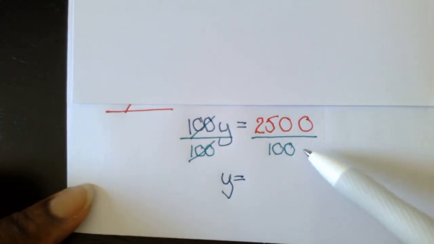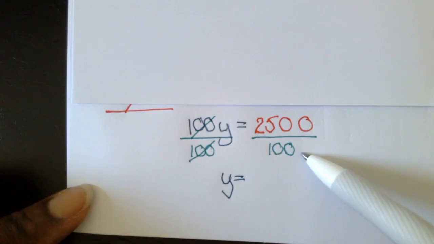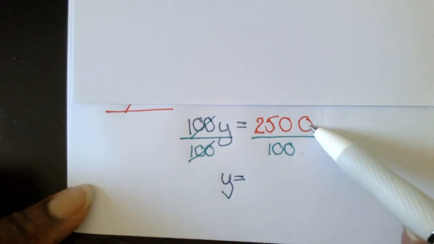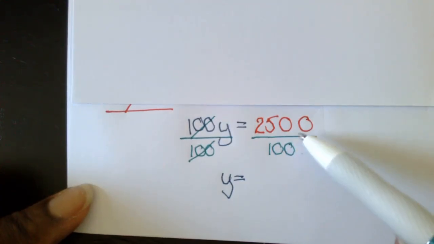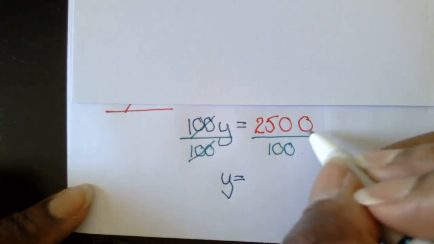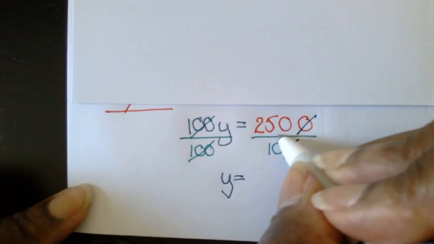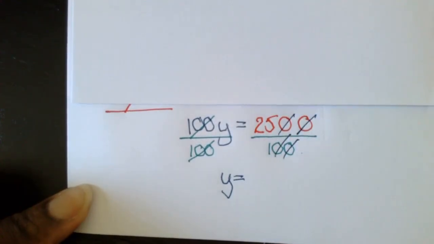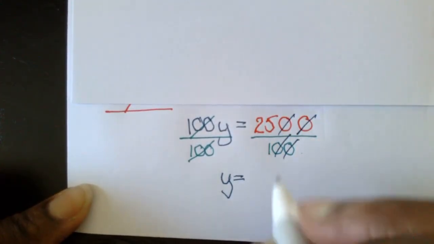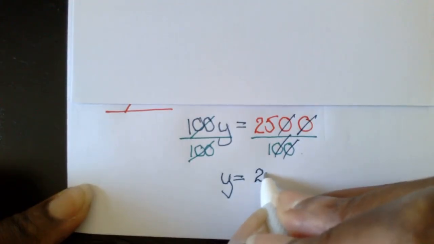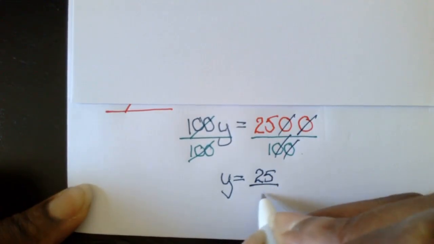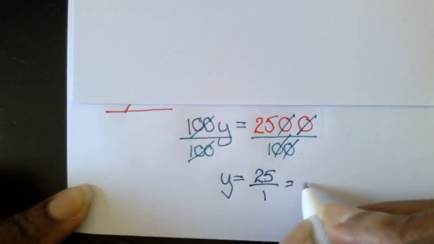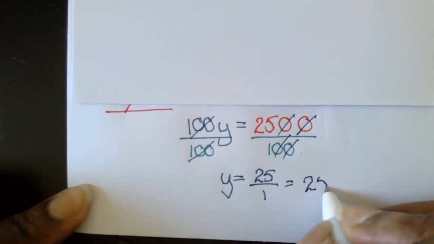So 2,500 divided by 100. This is the best time to leave it as a fraction because they both end with 2 sets of zeros. So why not do this? Cancel, cancel. So all that's left is 25 over 1, which is simplified to 25.